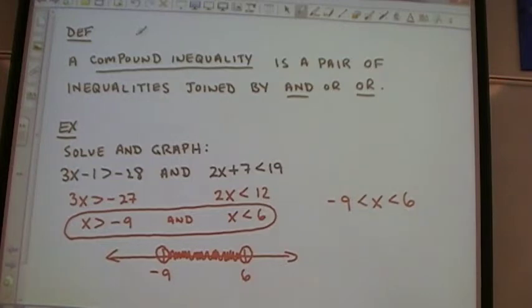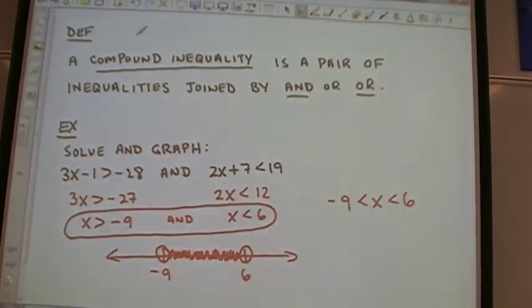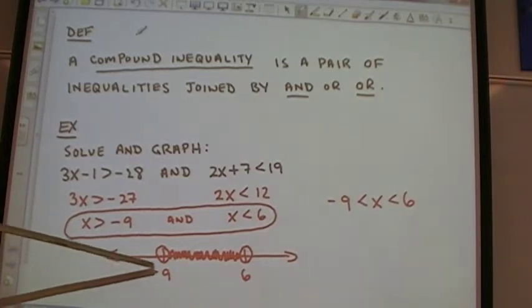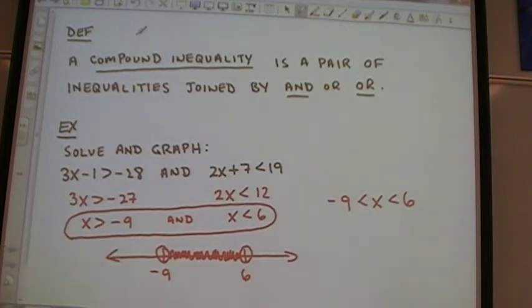And then for the graphing part of it, you graph each of them separately. So for x is greater than negative 9, we know it's an open circle on negative 9. And you always, on the number line, when you have a compound inequality, make sure you're working correctly on the number line. The numbers go from least to greatest on a number line.